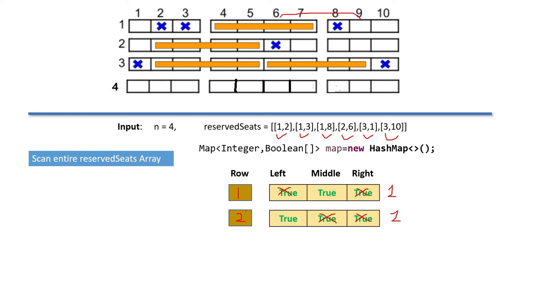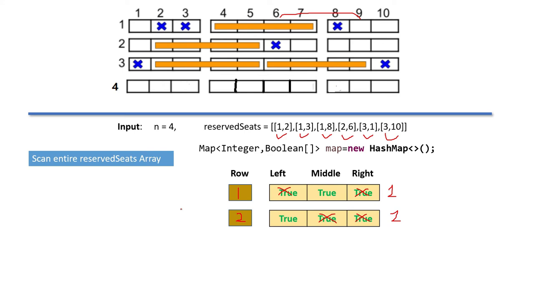No. The total result will be different. The size of the map is 2. That means for these 2 rows, we have blockage of seats and we are calculating. But the total number of rows is 4, and 4 minus 2, the length of the map, is 2.